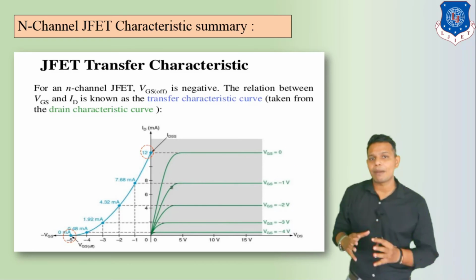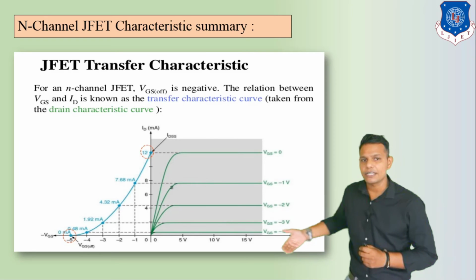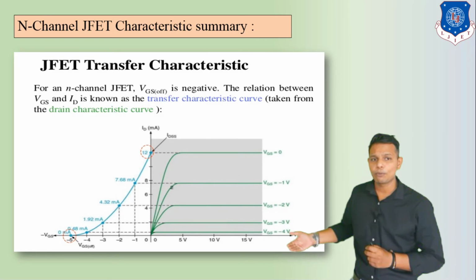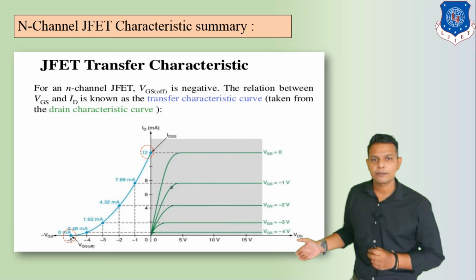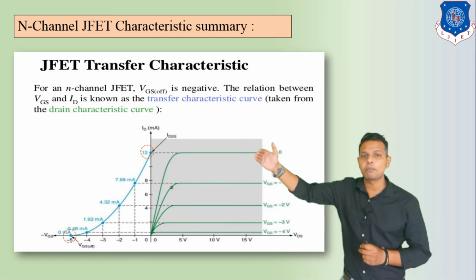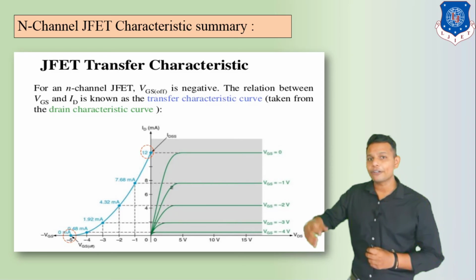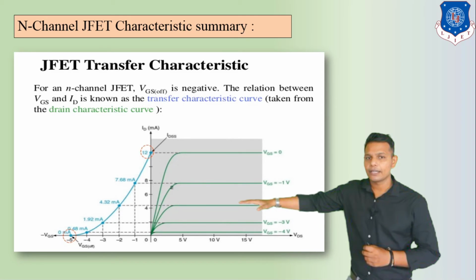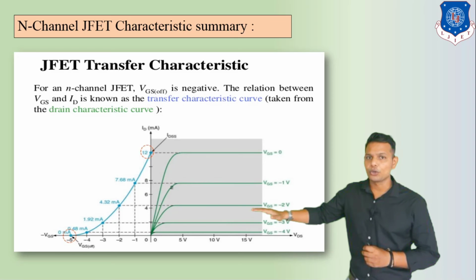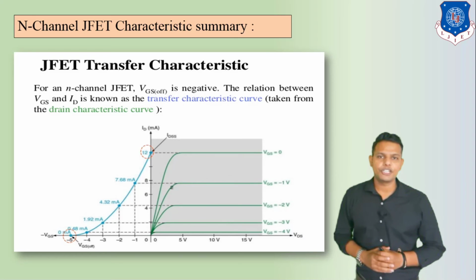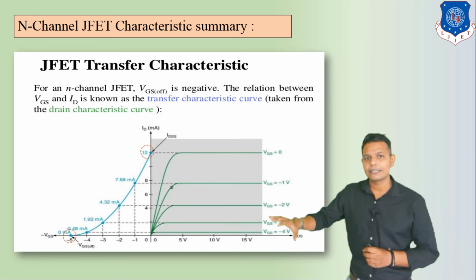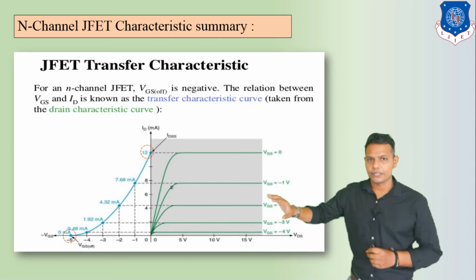First of all, we have to remember this: on the x-axis, we plot different values of VDS, and on the y-axis, the values of ID, drain current. But for transfer characteristics, on the x-axis it should be the values of VGS. So these are the transfer characteristics.